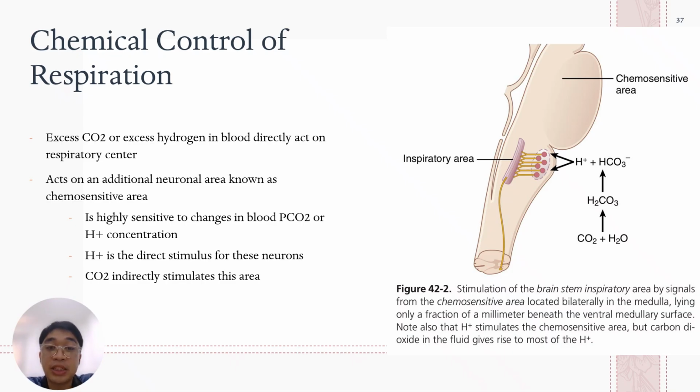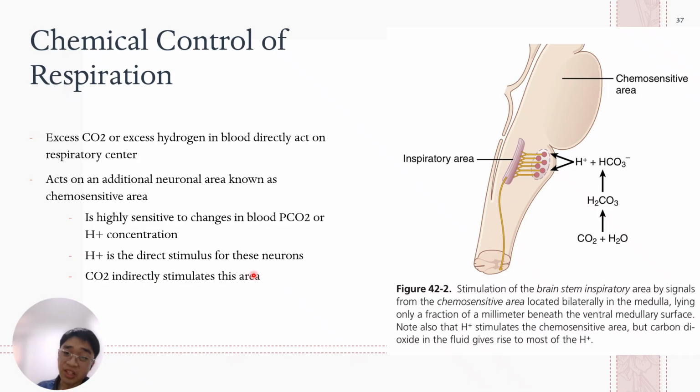This chemosensitive area is highly sensitive to changes in blood PCO2 or hydrogen concentration. Hydrogen is actually the direct stimulus for these neurons, but in our brain we have the blood-brain barrier, and hydrogen is not really able to pass through it. Thus, what indirectly stimulates this area is carbon dioxide instead.